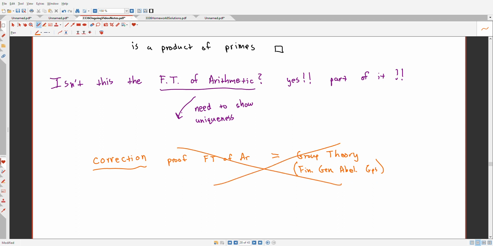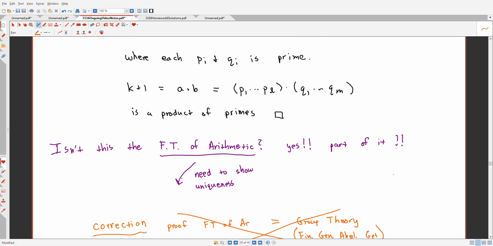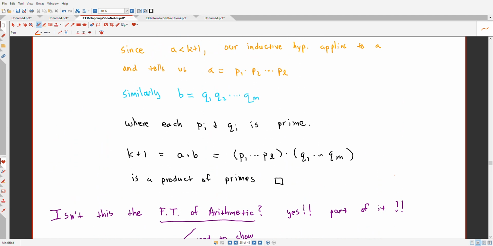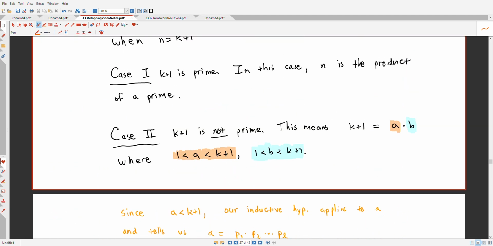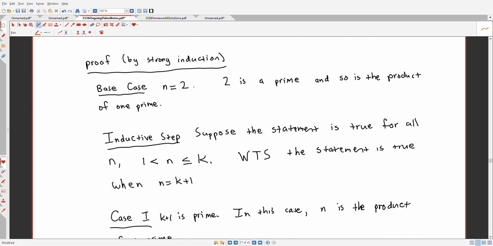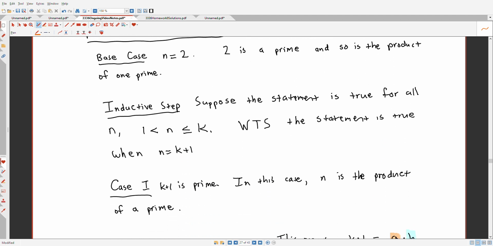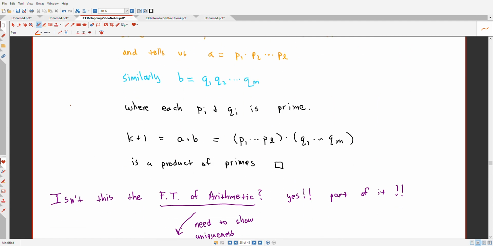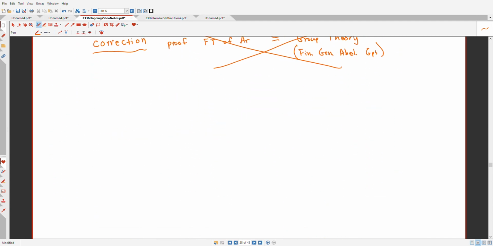Right, so what I'd like to do with the rest of this video is go over proving the rest of this theorem. We've used strong induction to prove the first part of it. Everything can be written as a product of primes, and so now I just want to prove the remaining parts.